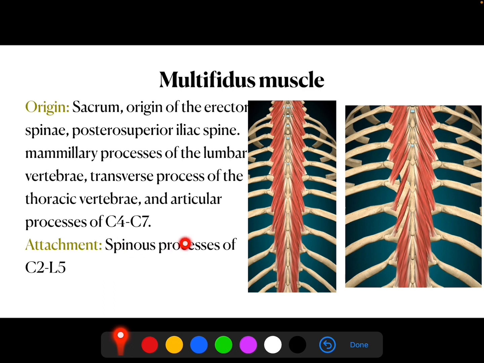It attaches at the spinous processes of C2 to L5. Same as rotatores, it has two variations, brevis and longus. The brevis attaches to the nearest vertebrae. The longus attaches after passing through four vertebrae.